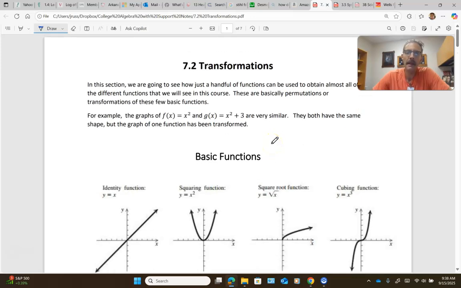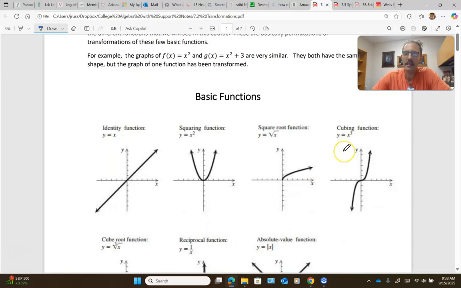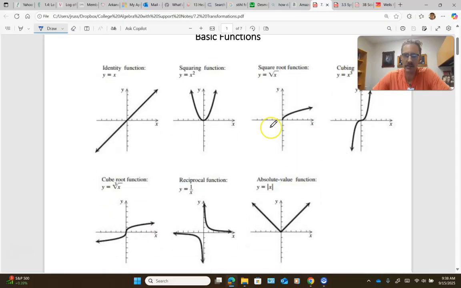Okay, and what we're going to be looking at today more specifically is, let's say we have a set of basic functions like I have right here that you can see. So we could say of all of the quadratic functions, our basic quadratic function is f of x equals x squared, or y equals x squared. You guys remember we kind of get away from using the y equals notation and we use the function notation.